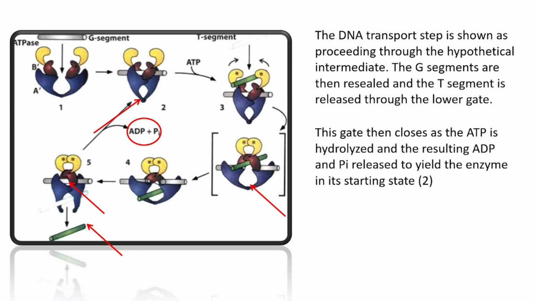Alternatively, the enzyme can now proceed for another cycle. Thus, topoisomerases have a very important role to play in relaxing the positive supercoils formed ahead of the replication forks.